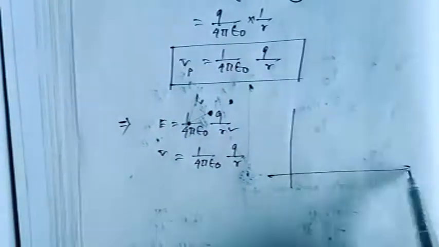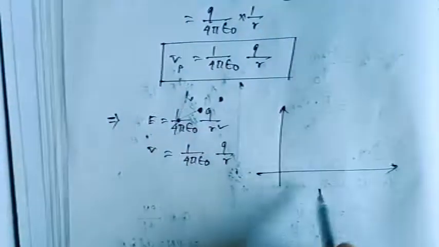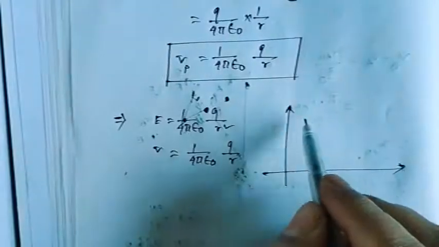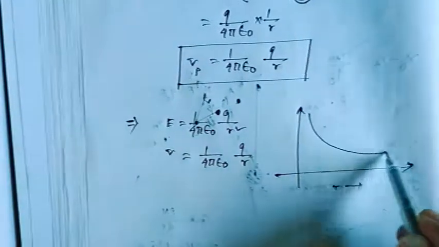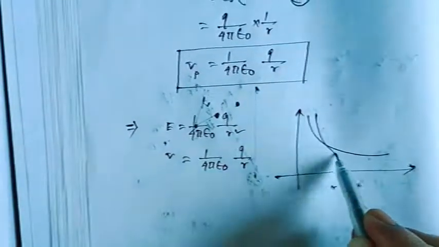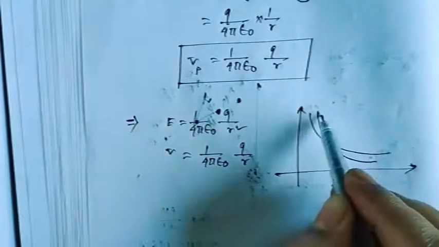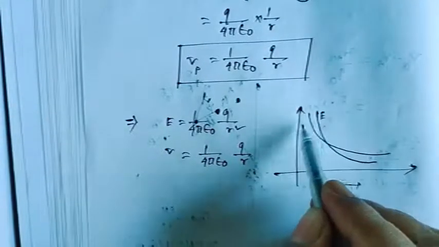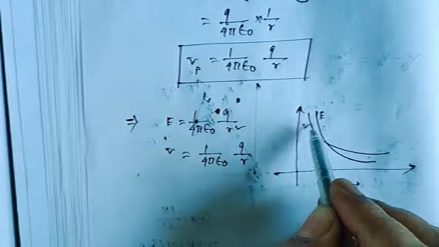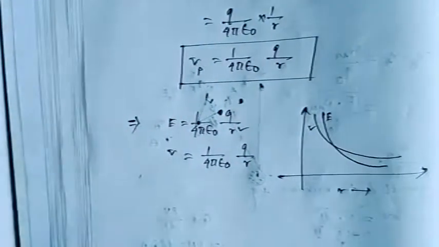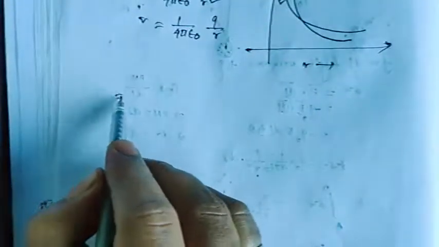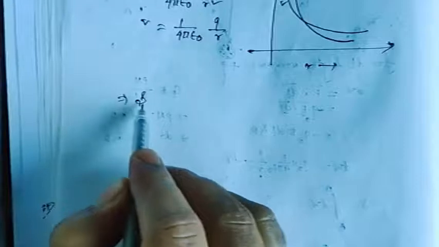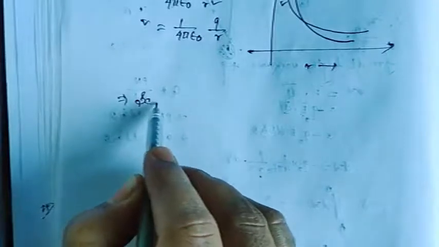If we want to draw a graph with R, then this one will be for E and this one will be for V. Remember that. So let's proceed with the next. Electric potential is a scalar quantity or vector quantity? It is a scalar quantity.